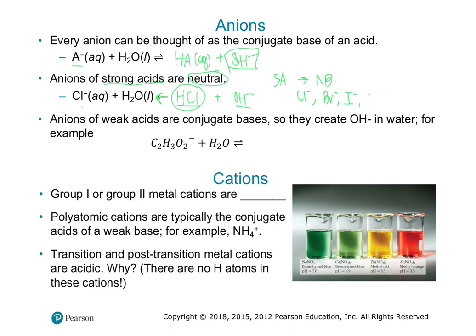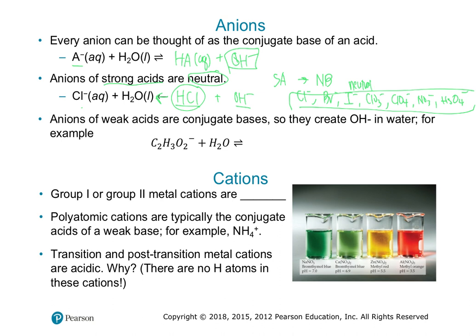We also have chlorate from chloric acid and perchlorate, and then nitrate, and also bisulfate. So if you see any of these in water, you know they're neutral. Everything else is going to be basic.